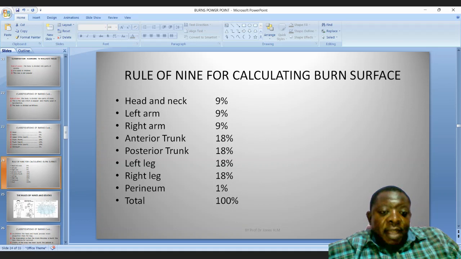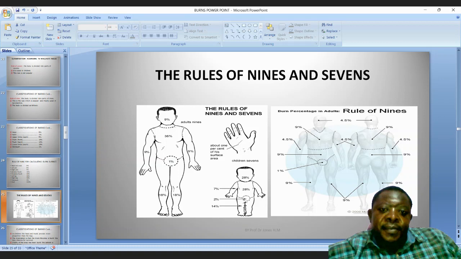The same applies for the legs, 18 and 18, with the upper part and the lower part of the leg. Then the perineum 1%. When you add all this, it gives you 100%. That is the rule of 9, calculating percentage of body fluid lost using the Wallace rule of 9.